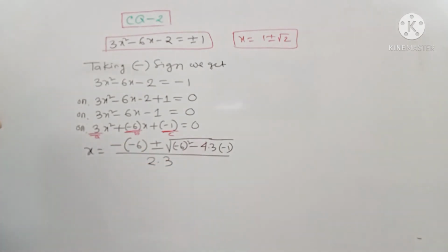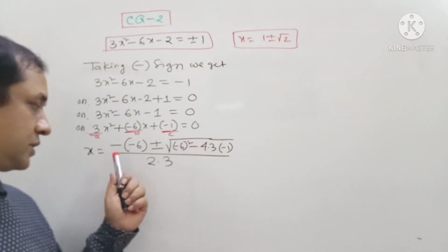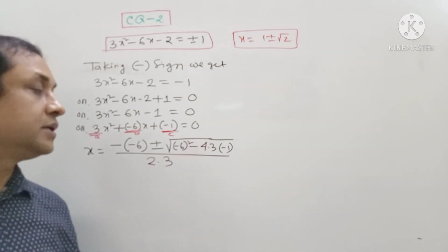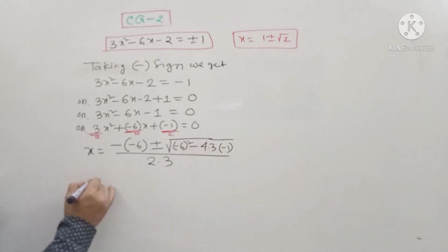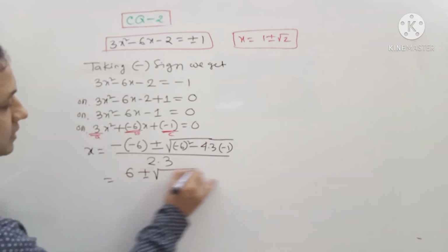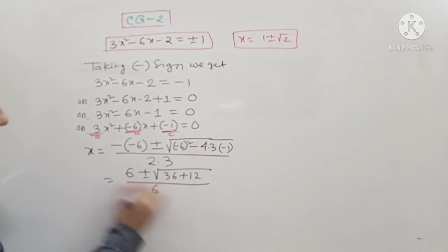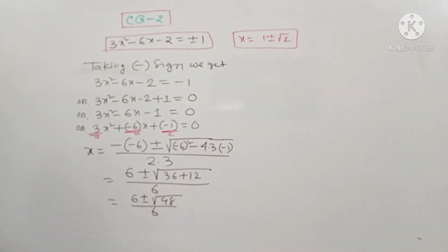means 6. So student, using the formula x equals minus b plus minus root over b squared minus 4ac by twice a, next line: minus minus will be plus, root over 36 plus 12, by 6. So 6 plus minus root over 48 by 6.